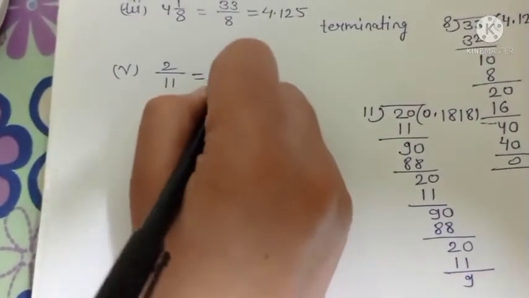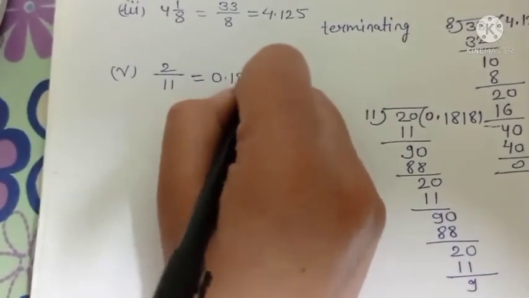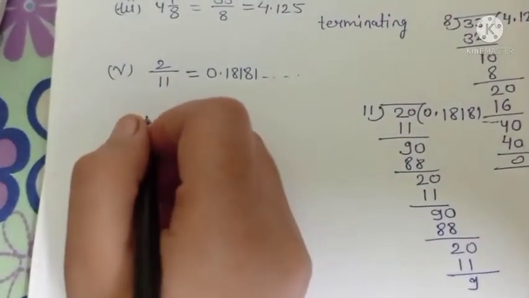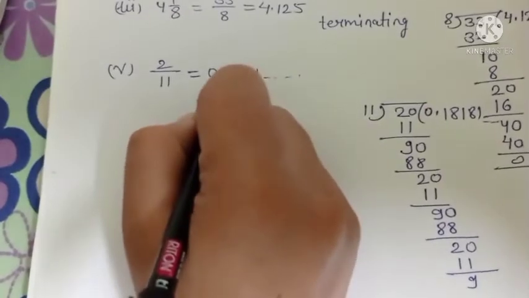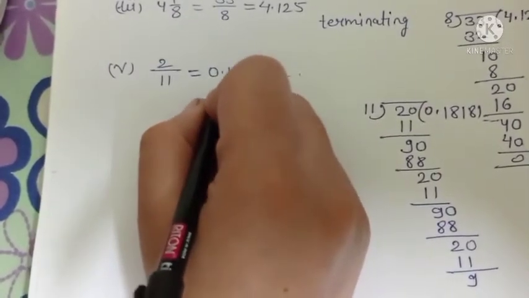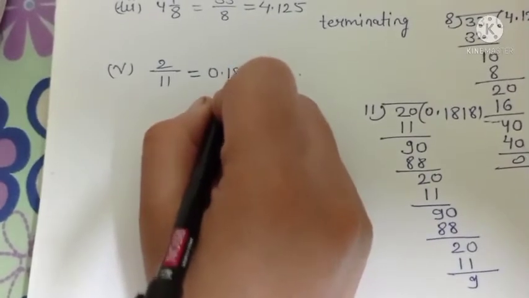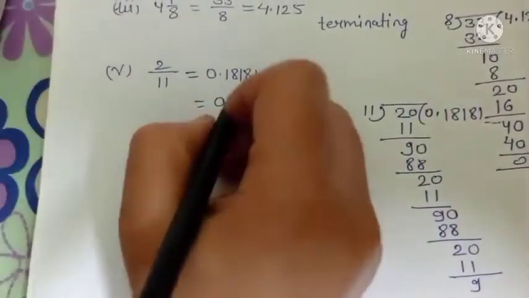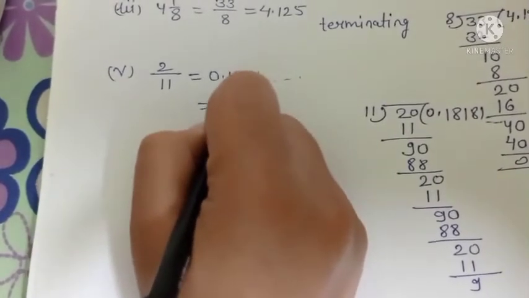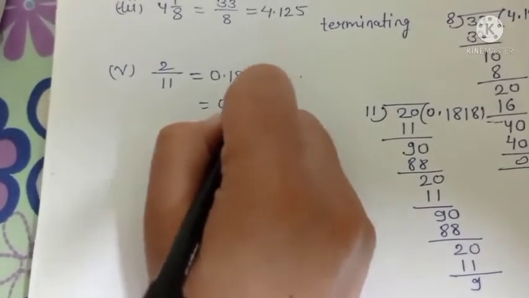The similar process is occurring, and we get this type of decimal which is a never ending process. So for this type of decimal we can say there are repeating digits, 18181818. So we can take a bar on 18, it becomes 0.18 bar.